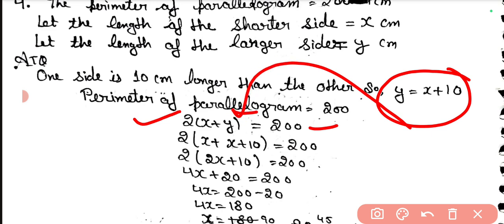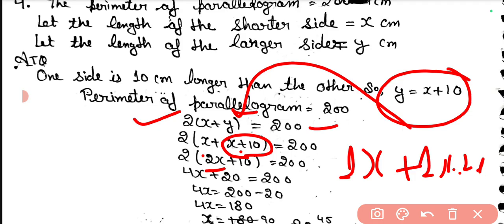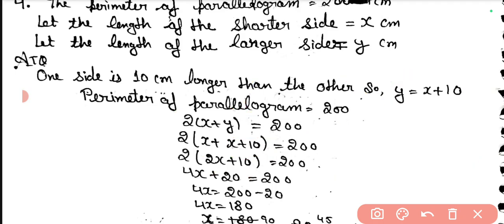So by using the value of y, x plus 10, x plus x is equal to 2x. Why? Because 1x plus 1x is equal to 2x. So 2x plus 10. Now next step is to multiply by 2.